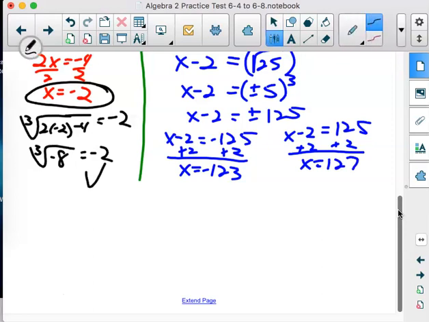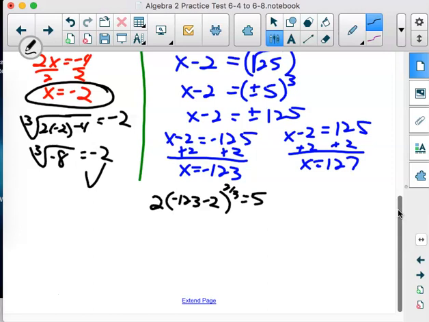But of course, we would have to check it. So back in the original, it was 2, and then we had x minus 2, so -123 minus 2, all of that to the, I need my glasses, 2/3 power is supposed to equal 50.